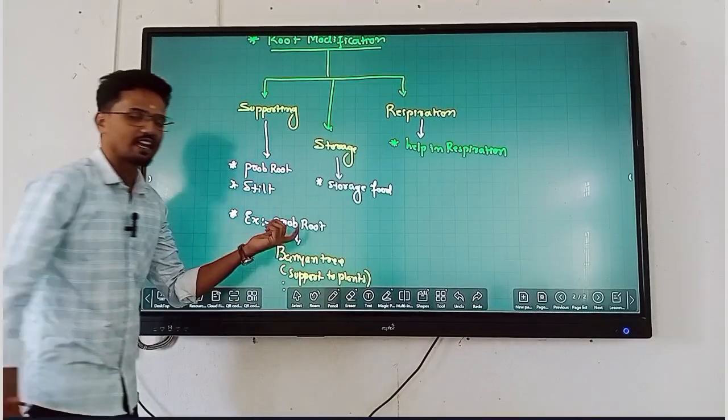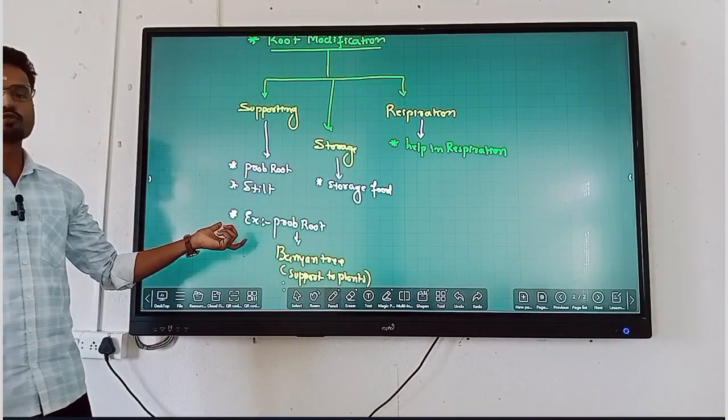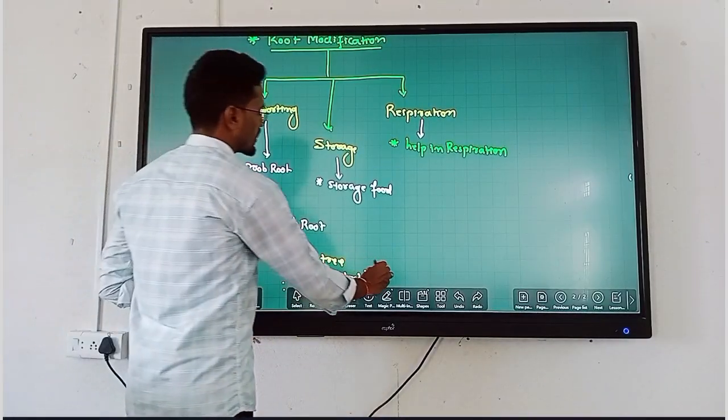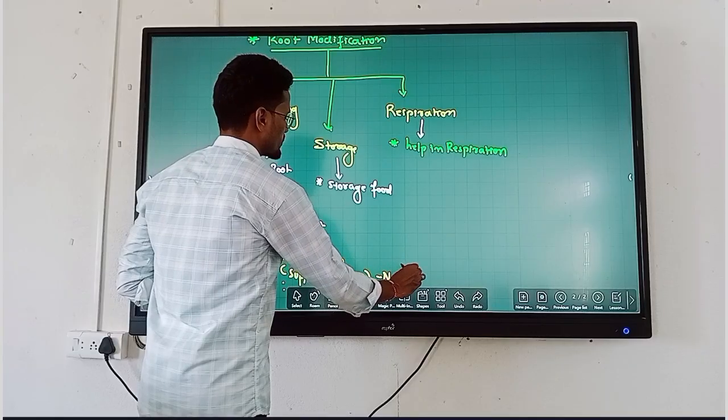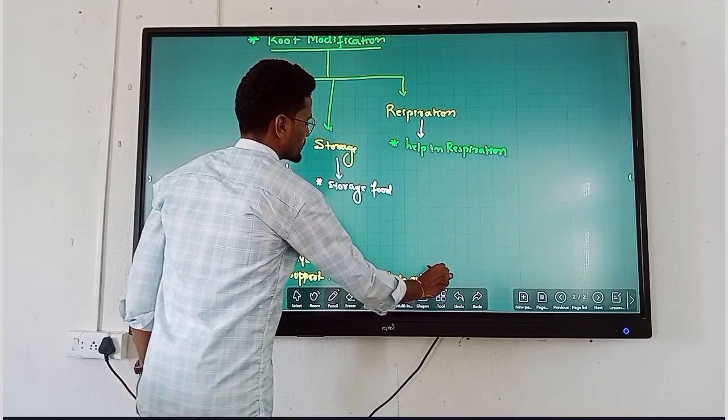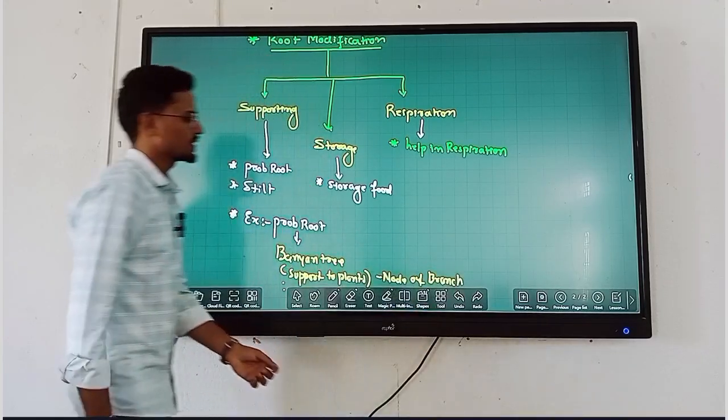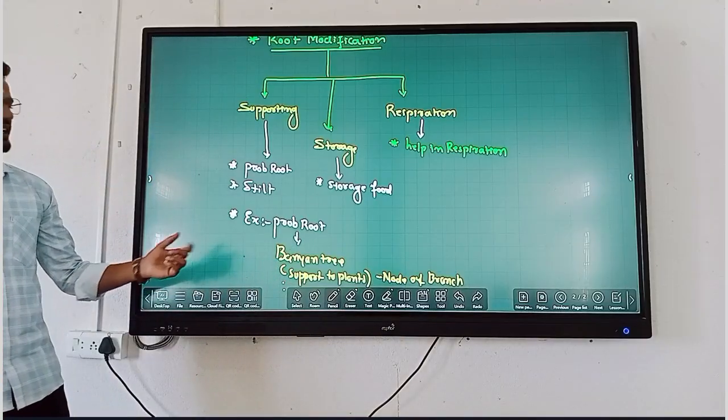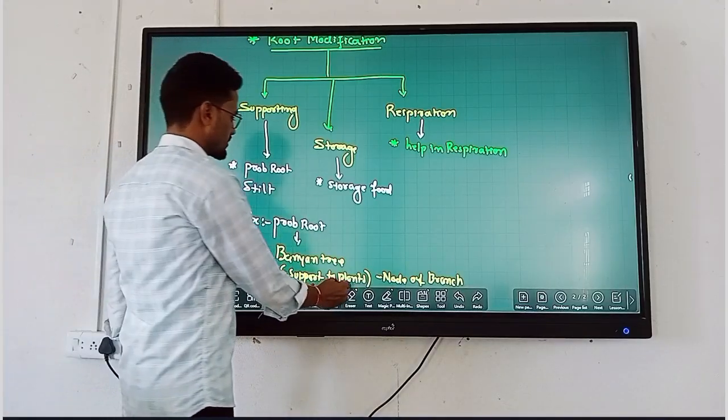As we discussed at the last class, these prop roots arise from the nodal region of the nodes of a branch in the banyan.